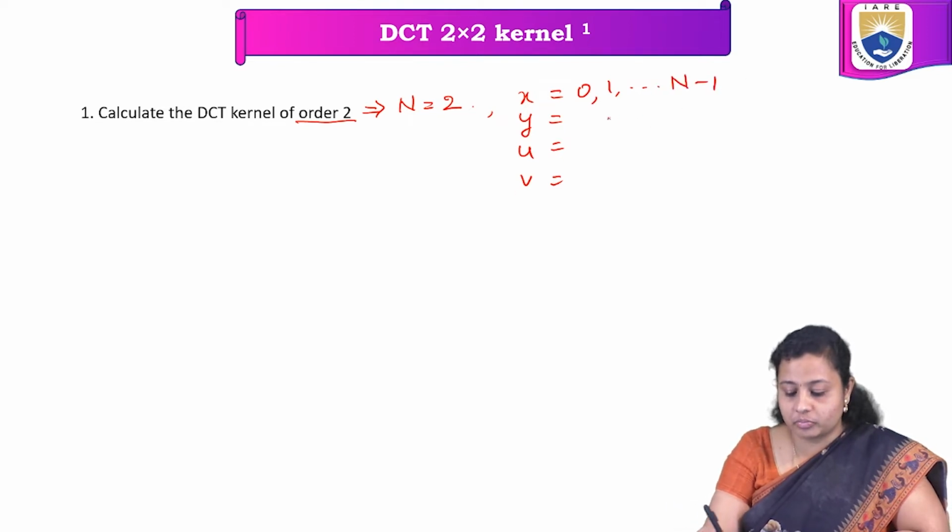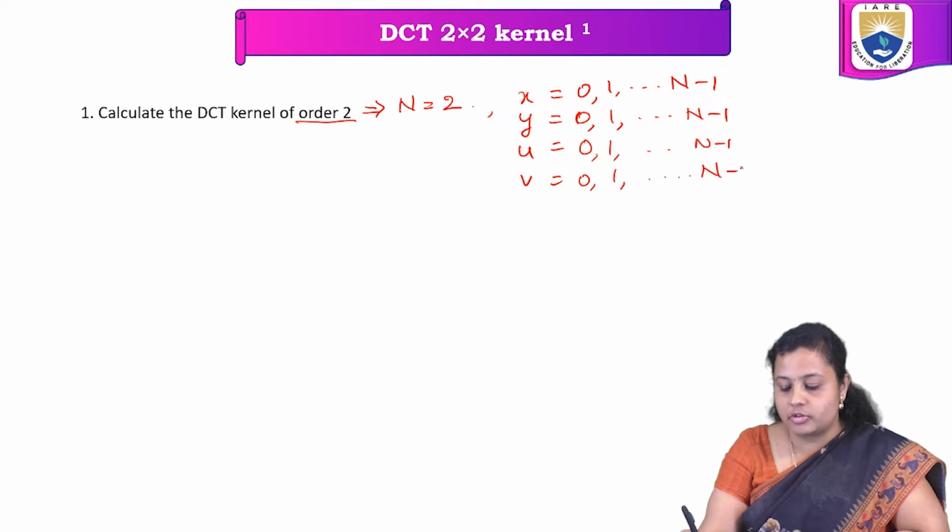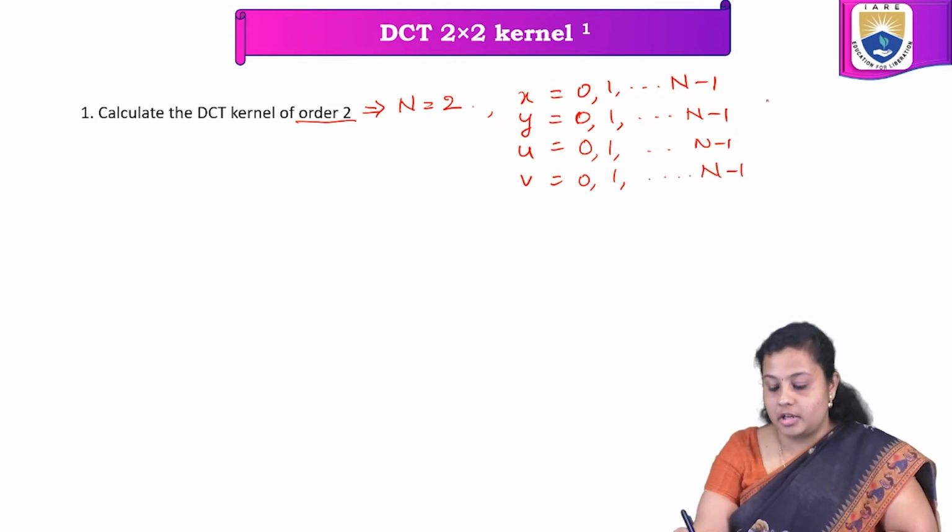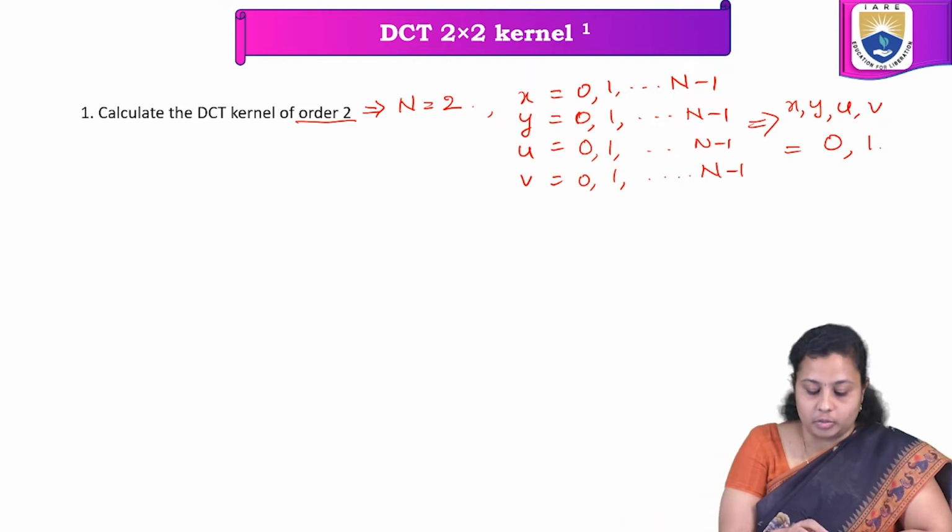So, y also ranges from 0, 1, so on to capital N minus 1. u ranges from 0, 1, so on to capital N minus 1. v also ranges from 0, so on to capital N minus 1, which implies that x, y, u, v values are 0 and 1. Right?